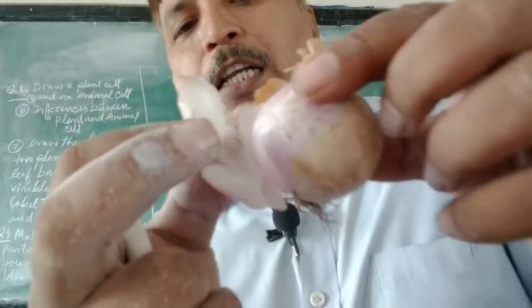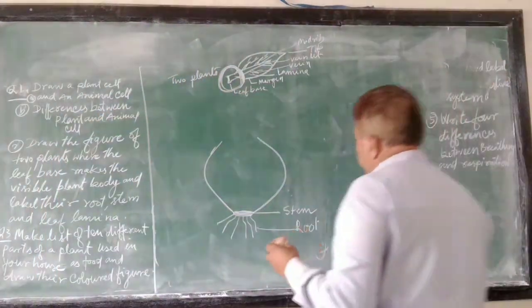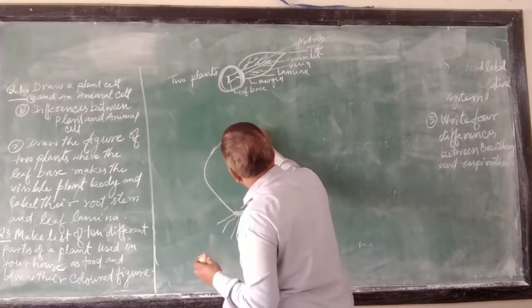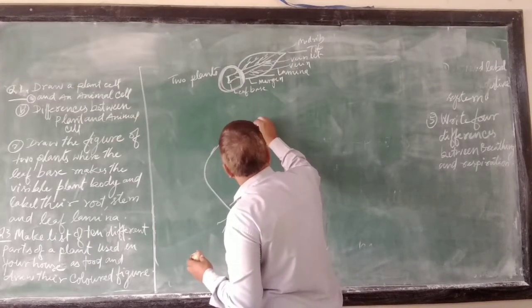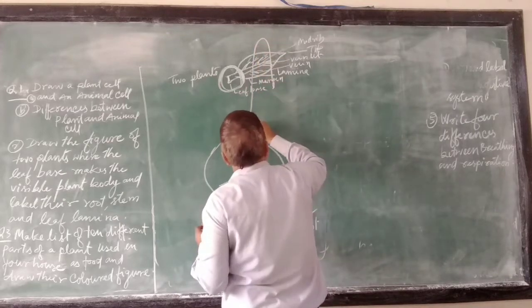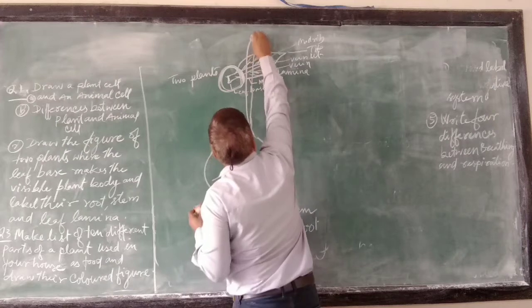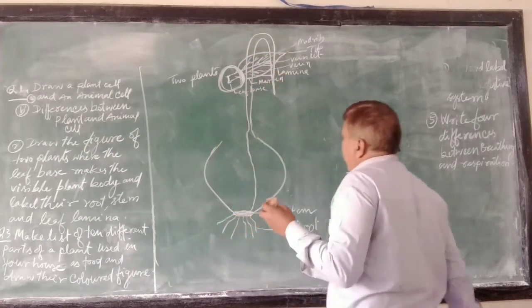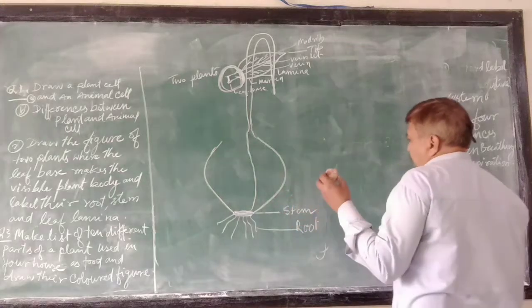This is the leaf base, because from this base the leaf lamina goes above, and it is a leaf having parallel venation, right?